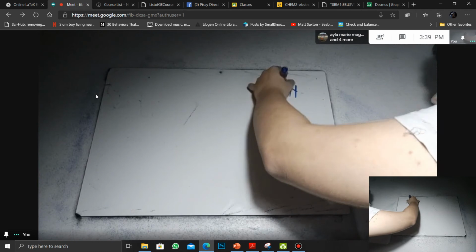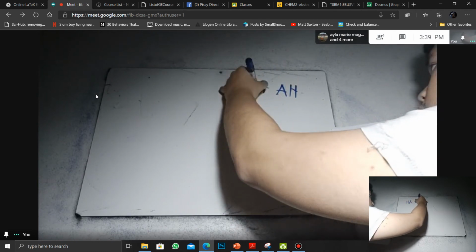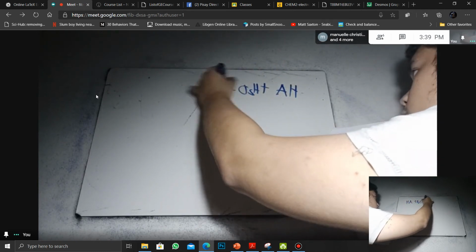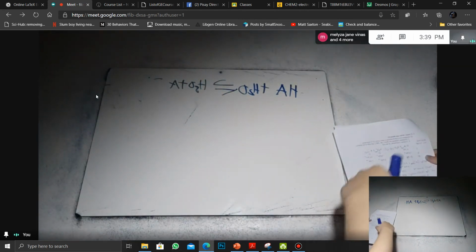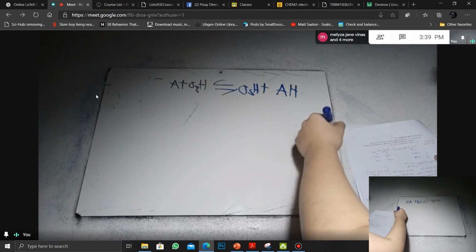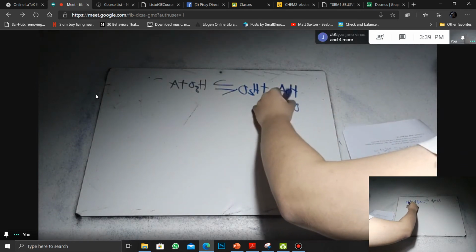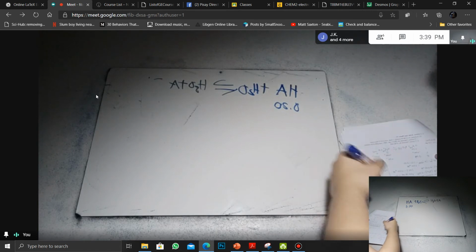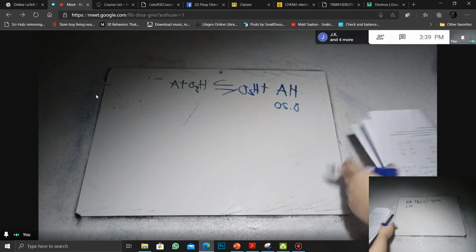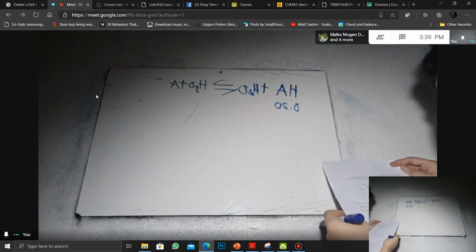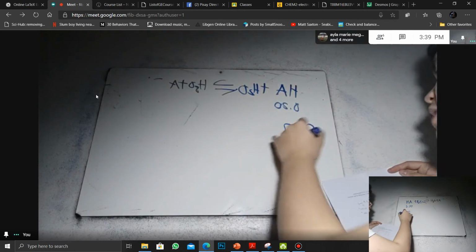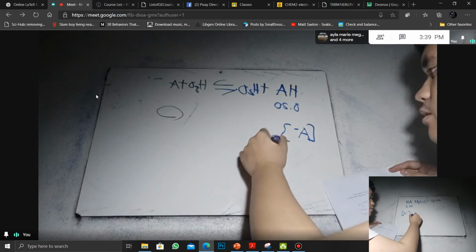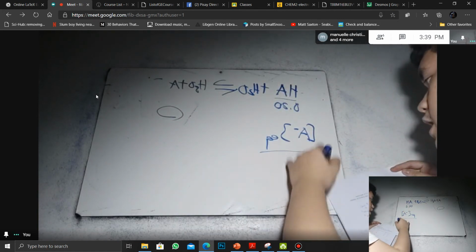Oh, weak acid. Or HA plus H2O forms H3O plus A minus, no? I stable. 0.20. Okay. Ano yung sabihin ng percent dissociation, no? Ang percent dissociation is A minus at equilibrium over HA initial, no?